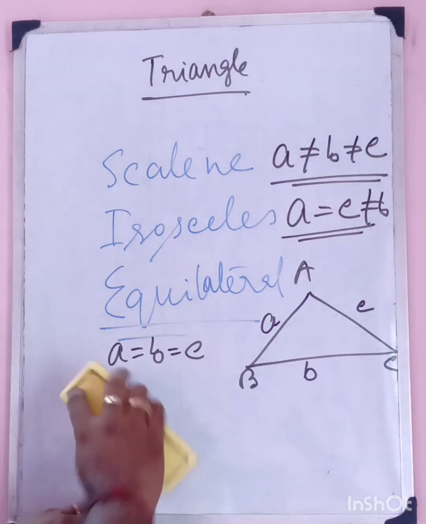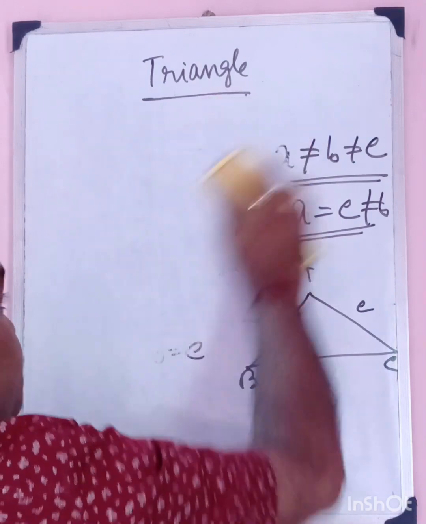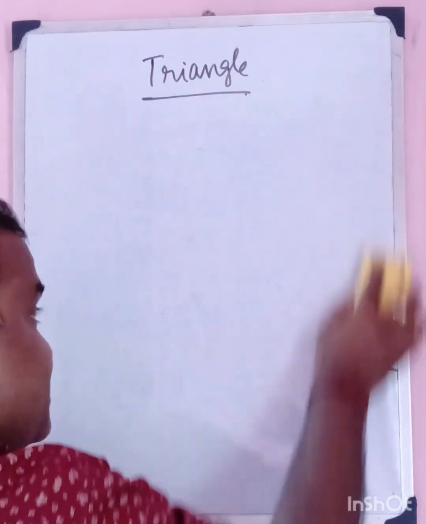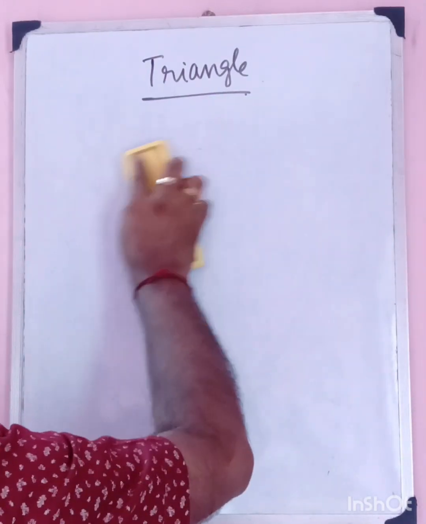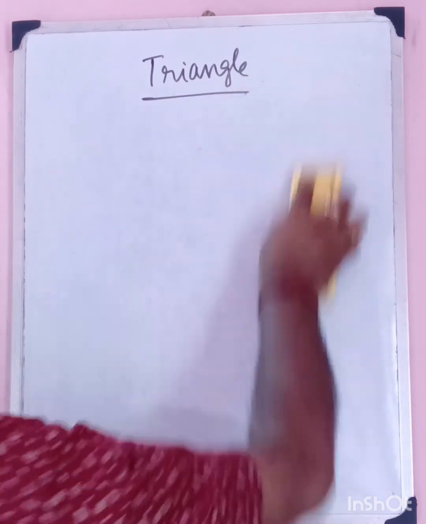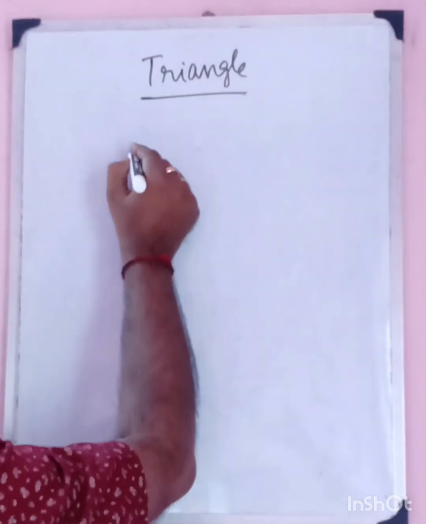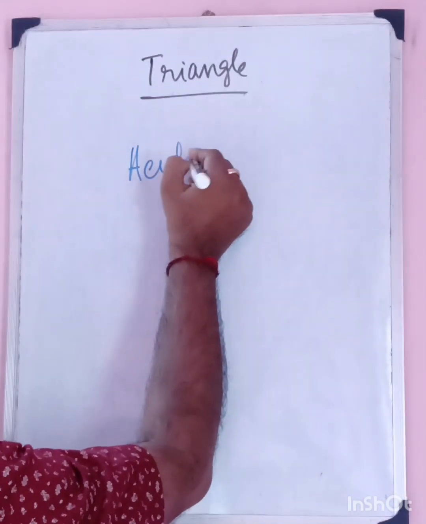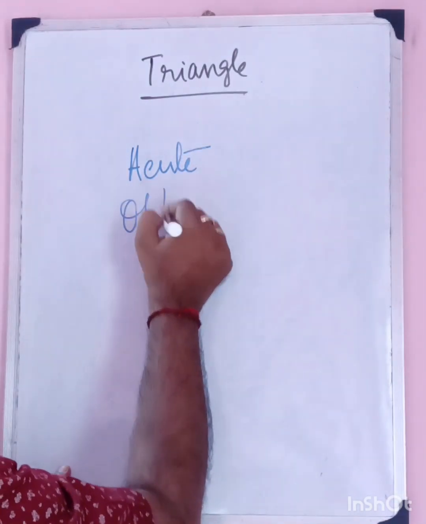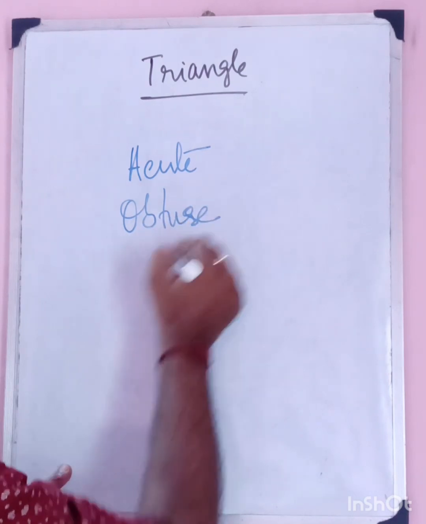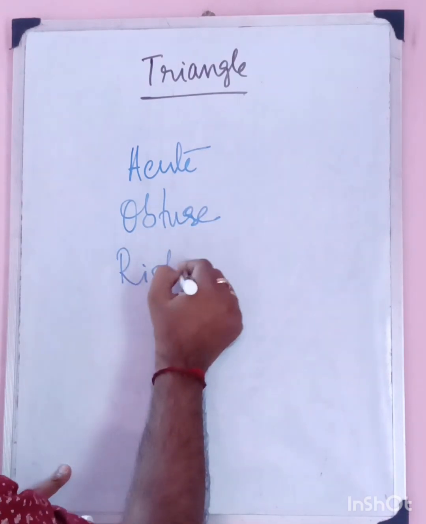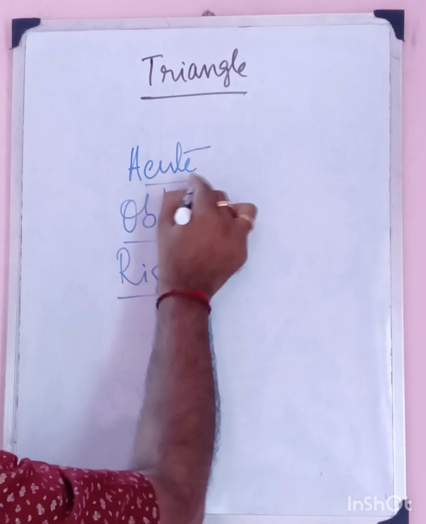Again, based on the angles, triangle can be differentiated. You know about acute angle, obtuse angle and right angle, isn't it?